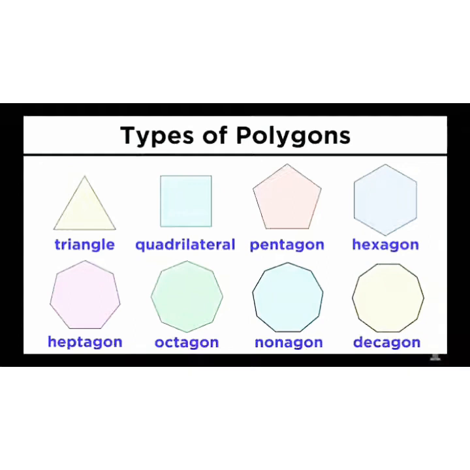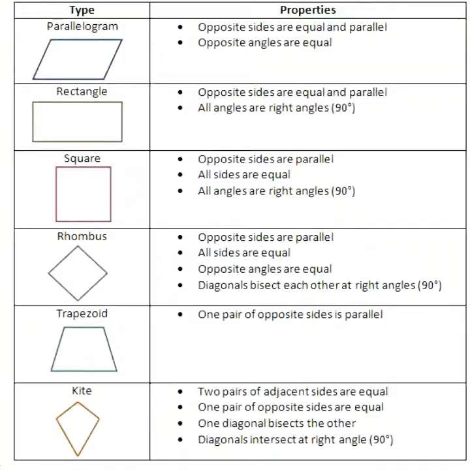So pentagon has 5 angles, hexagon 6 angles, heptagon 7 angles, octagon 8 angles, nonagon 9 angles, decagon 10 angles. Thank you. So I've learned how to identify the polygons. Now it's time to look at the ways to identify the quadrilaterals.